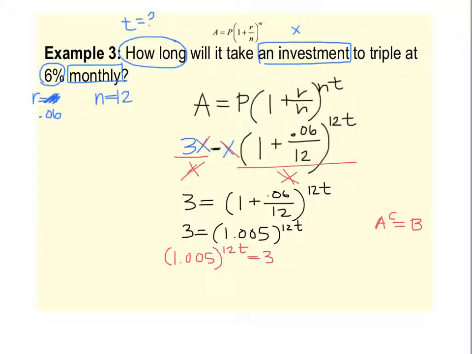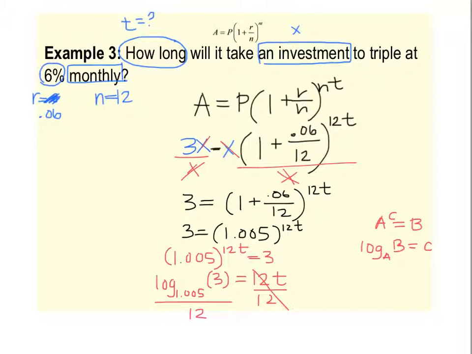We can solve this using logs because remember, we can convert this to log base a of b is c. So let's do that. This is going to be log base 1.005 of 3 equals 12t. And then finally, to get t by itself, we would just divide both sides of the equation by 12.